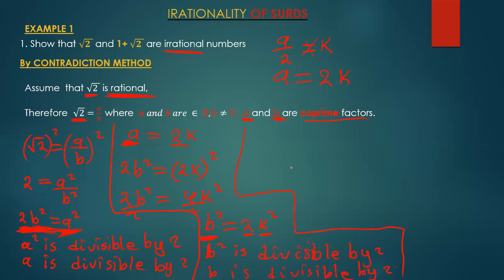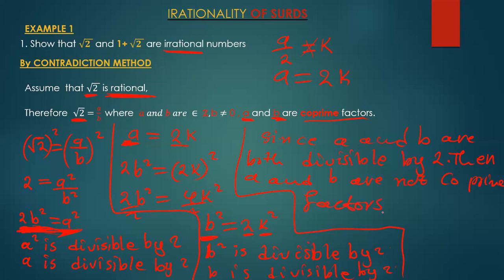Okay, so we can write the conclusion. We can say since a and b are both divisible by 2, then a and b are not co-prime, they're not co-prime factors.